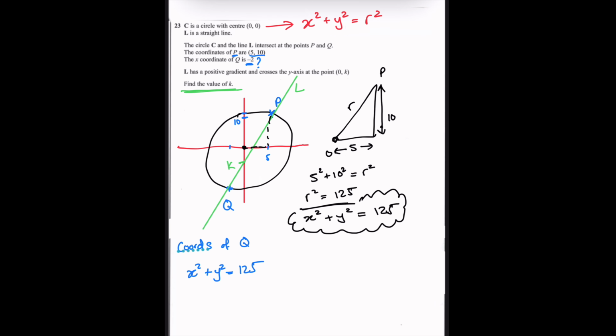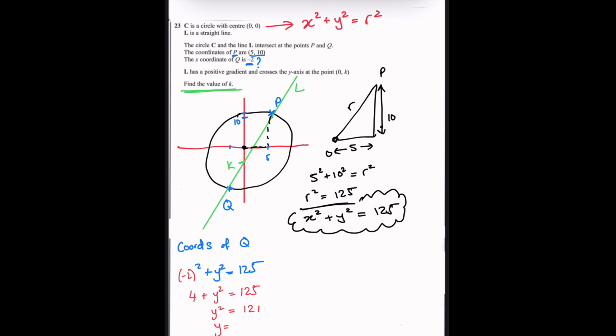And the x value for point Q is -2. So -2 squared plus y squared equals 125. Let's rearrange this then. So this is 4 plus y squared equals 125. y squared equals 121.